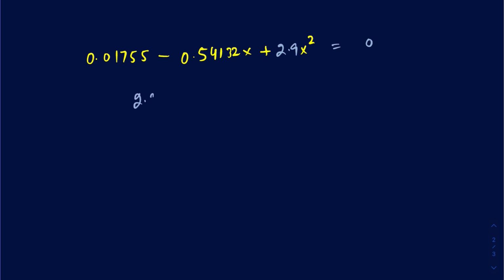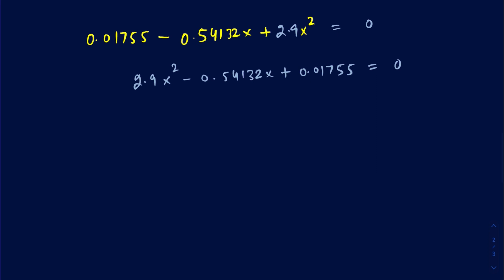So I have 2.9x squared minus 0.54132x, and then plus 0.01755, and that's going to be equal to 0. So in the quadratic here, this is going to be your A, this right here is going to be B, and this right there is going to be C.